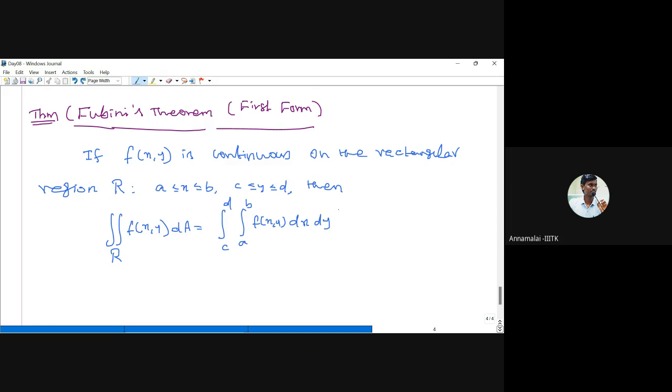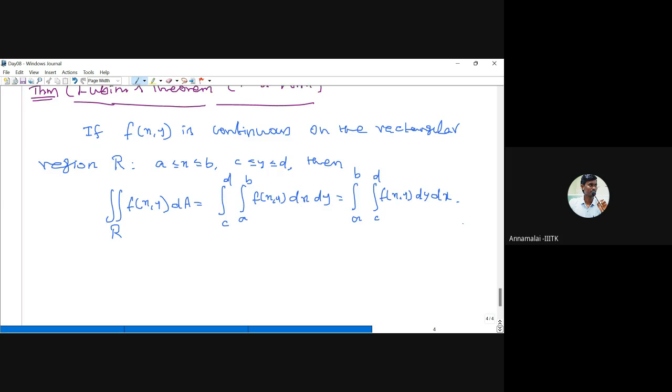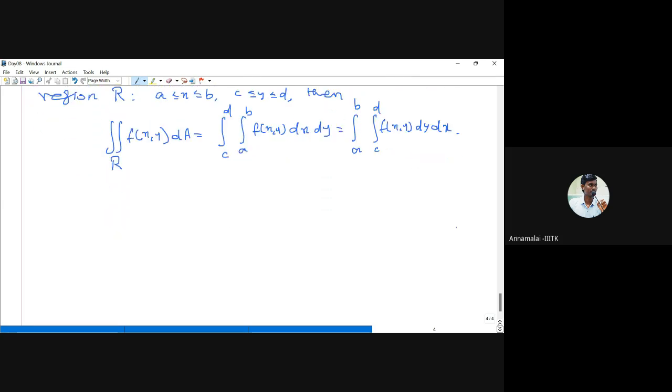Or this is the same as first taking a to b and then c to d, f of x comma y dy dx. So this is Fubini's theorem, the first form. Quickly we solve one problem related to this, and then we move to the next form.